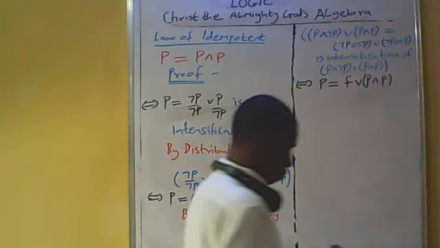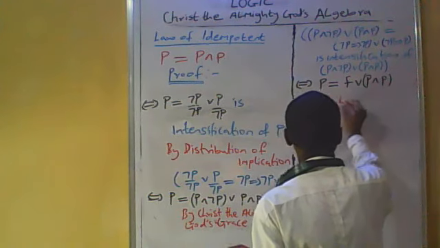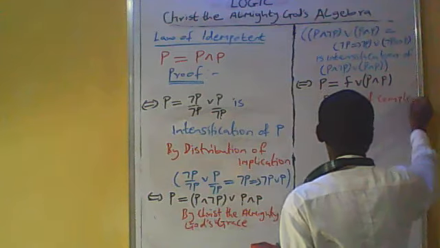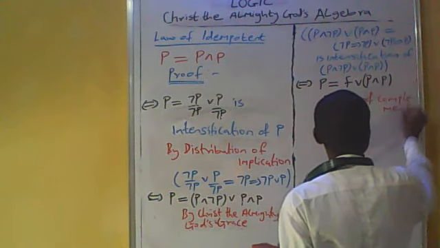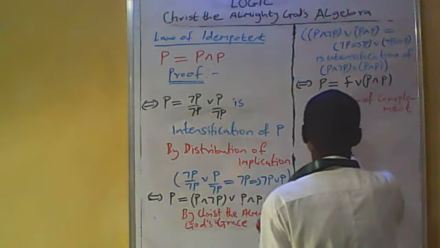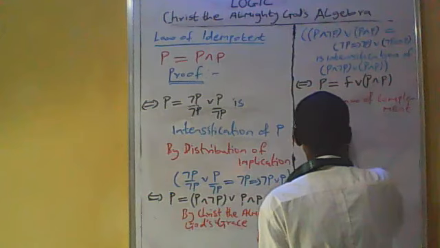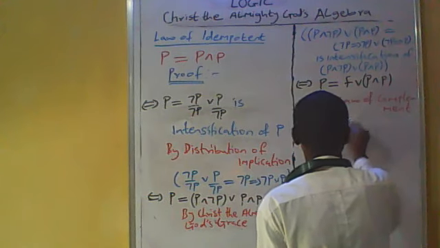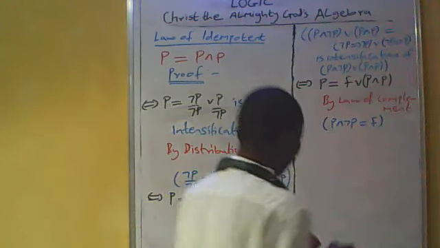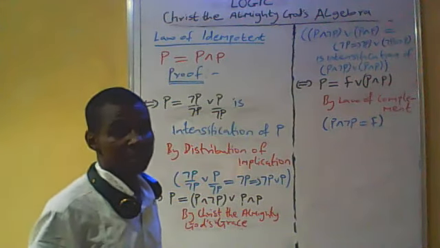So being justified by the law of complement. That is to say that P and not P is equal to F. And whenever falsity is ORed with any term, it is certain as that term.